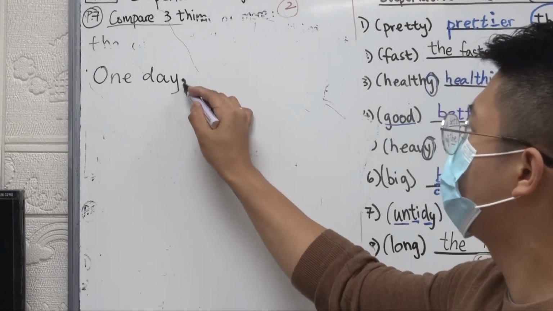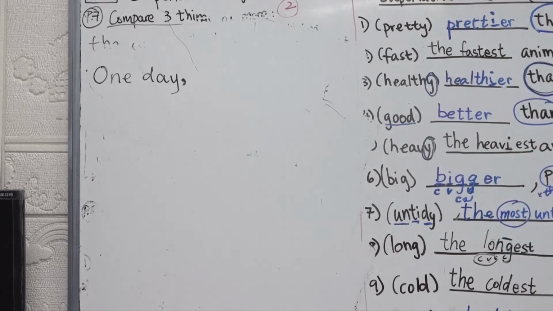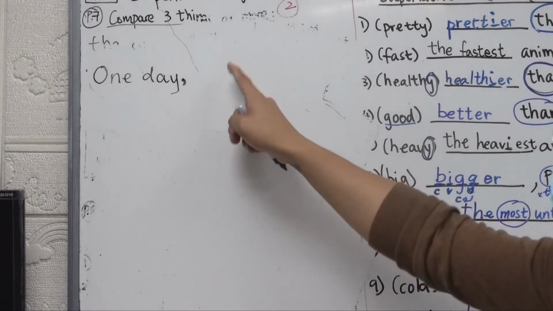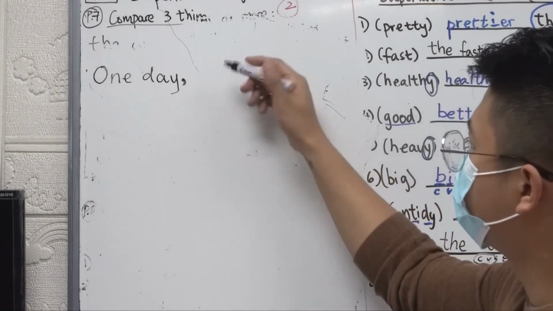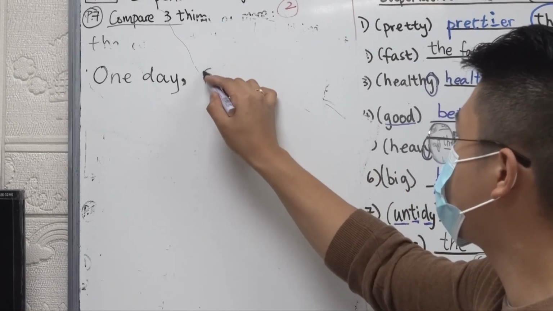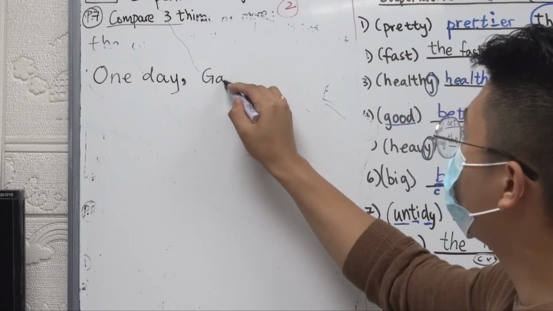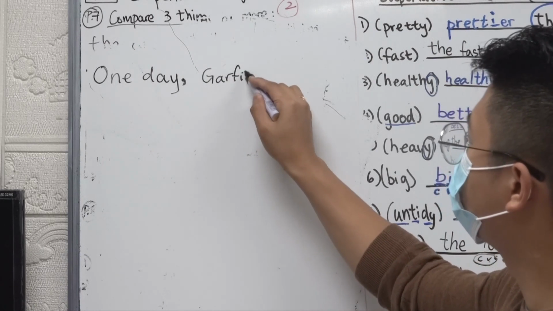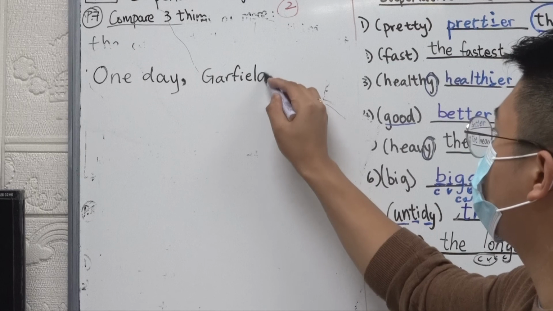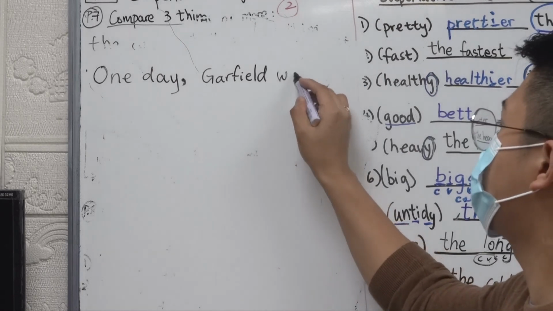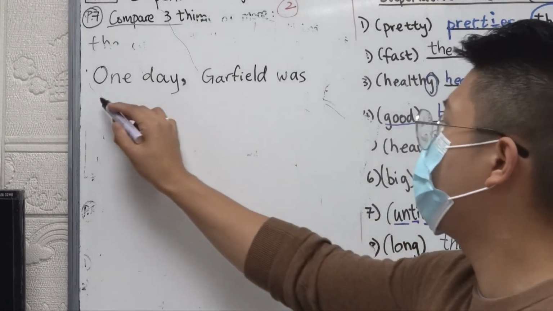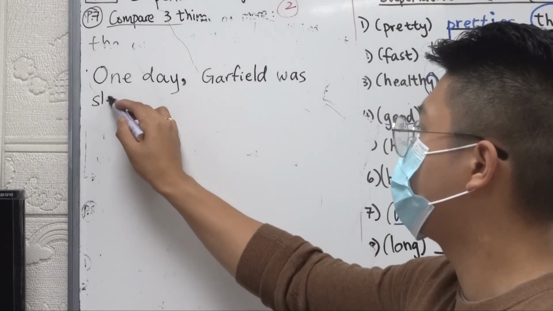Who is there in the first picture? Garfield, so we can say one day, Garfield. What was he doing? Was, so past. Was sleeping or laying down. You can say sleeping.